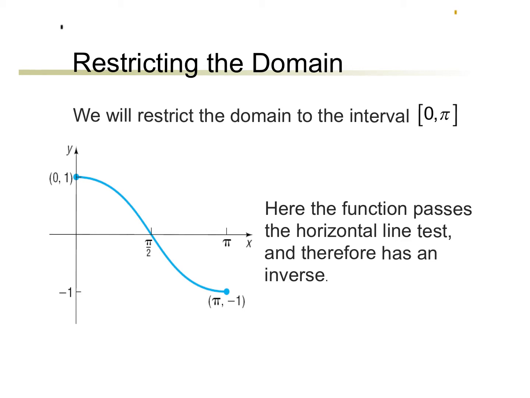But that inverse will be restricted to the domain of 0 to pi, inclusive, and for good measure, our restricted domain also has a range of -1 to 1, also inclusive. When we look at the inverse, we're basically swapping our domain for our range.